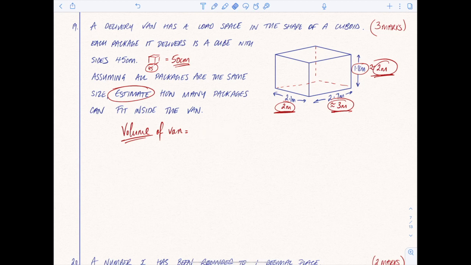So instead of it being in meters, I'm going to change it to centimeters. So that's 200 centimeters, that's 300 centimeters, and that's 200 centimeters. The reason is because it will be a little bit easier to work out later on. So I'm actually saying 200 times 200 times 300. Well, to do that, I just do 2 times 2, which is 4 times 3, which is 12. And then 1, 2, 3, 4, 5, 6.